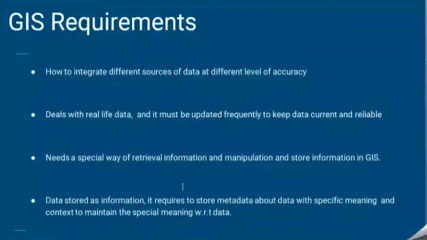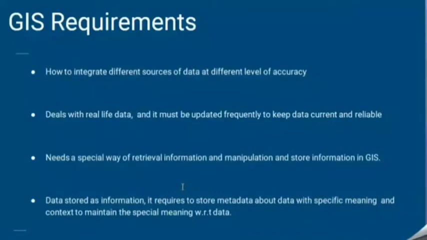We need a system where we can capture this data and retrieve it as and when we require, and we also need manipulation of this data so that it can be used, analyzed, and used for our benefit.